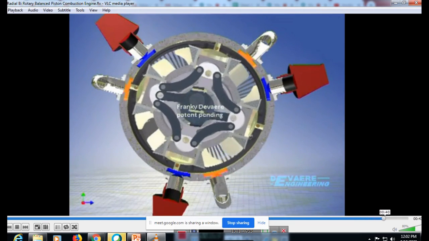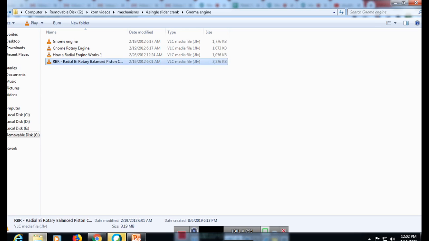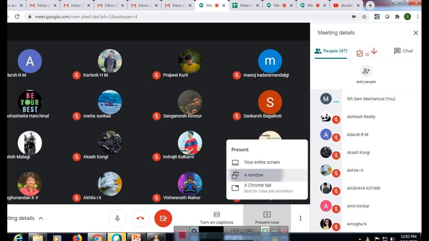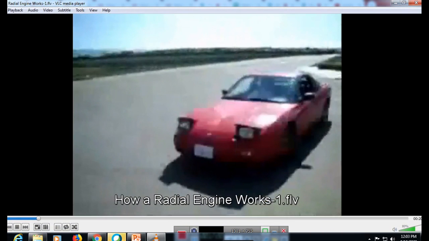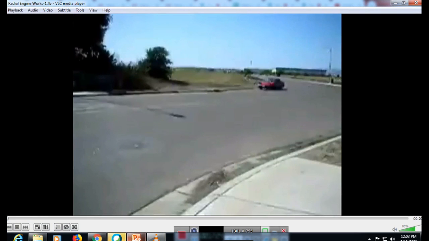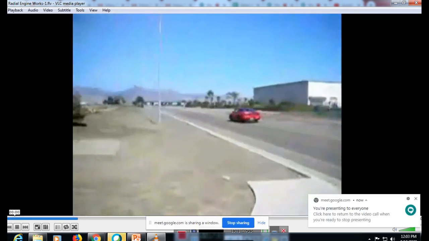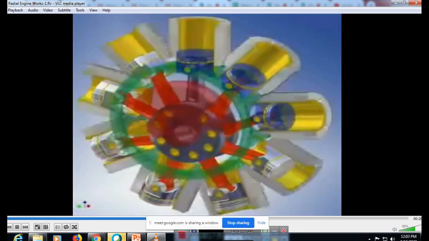You can see the motion observed there simultaneously. In the same way, different numbers of cylinders are also possible. You can see a number of cylinders connected there.